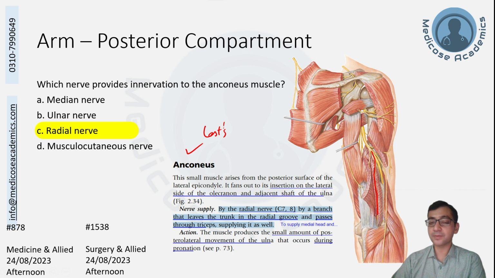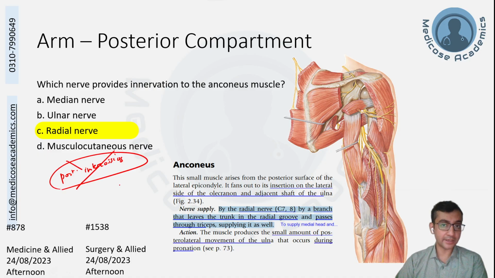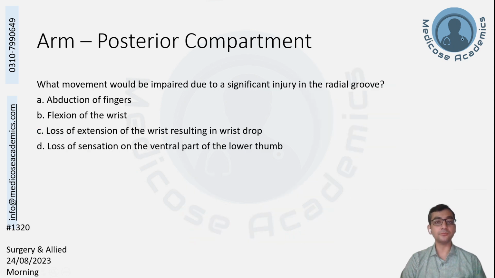I'm putting that much focus on this because a lot of past paper books say posterior interosseous nerve, and it was given with such a high frequency that I was confused. So that is not the right answer. The radial nerve is the right answer, supplied by the nerve that is going to supply the triceps muscle. It also supplies the anconeus.